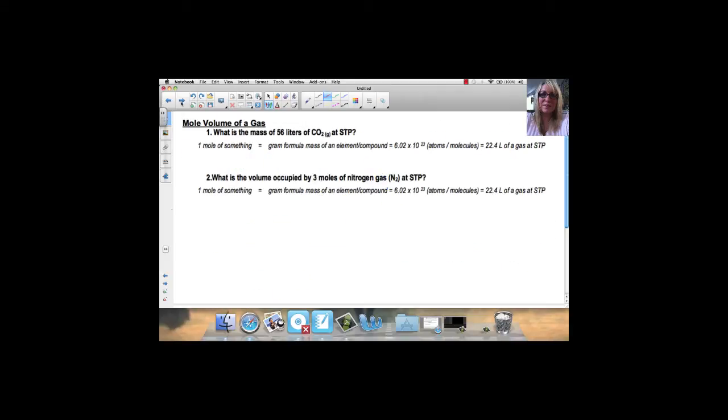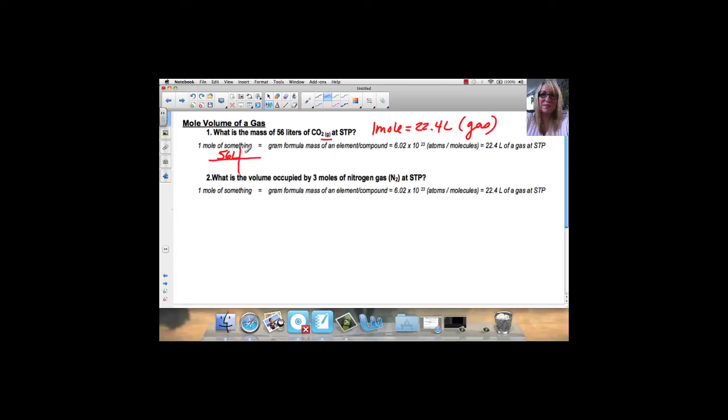What is the mass of 56 liters of CO2 at STP? Notice that this is a gas, and we know that 1 mole of anything equals 22.4 liters if it's a gas. So, what is the mass of 56 liters? Again, this is dimensional analysis. 56 liters.